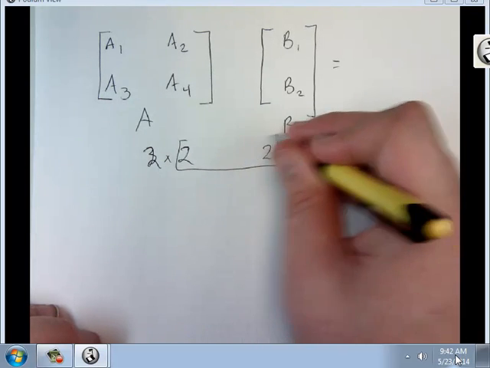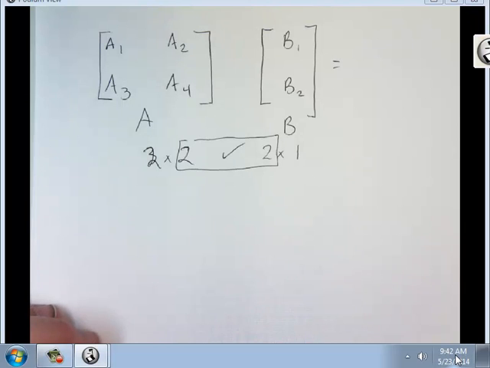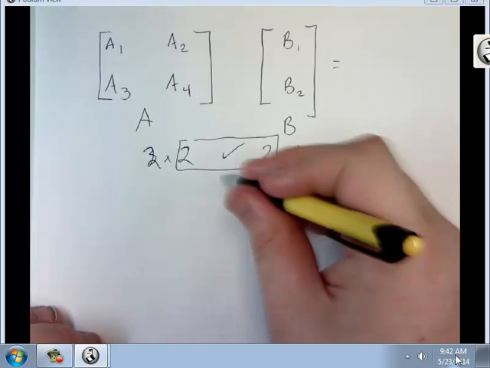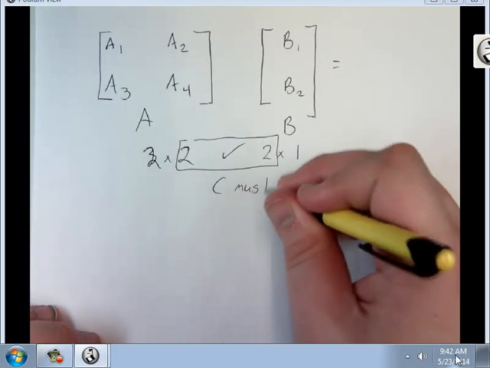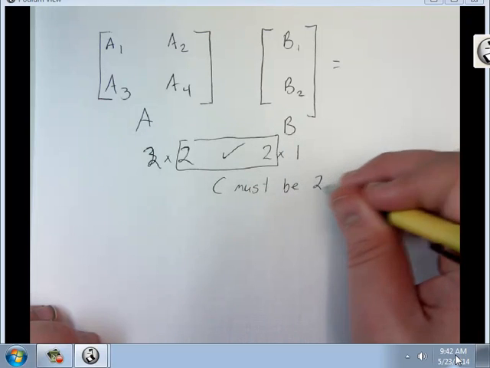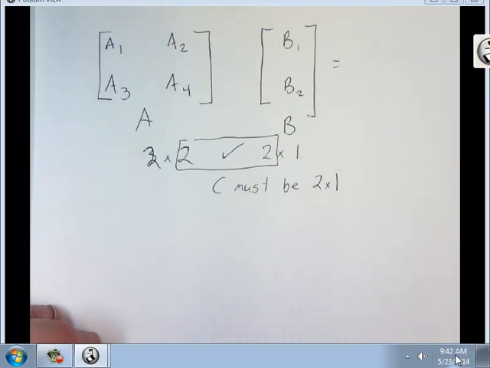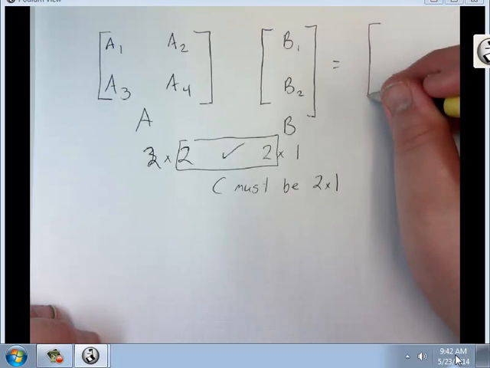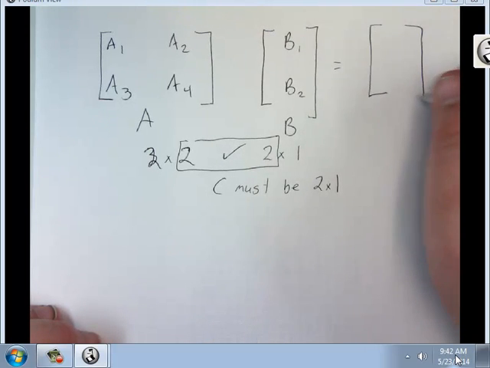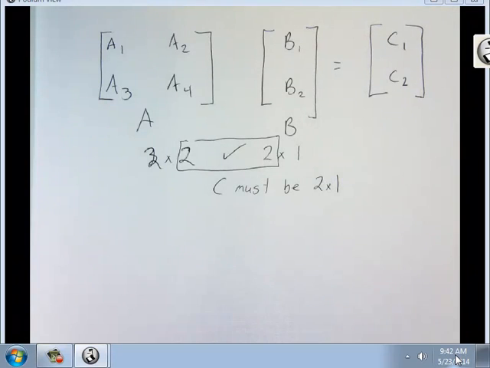Those equal. So C must be 2 by 1, and we're going to call it C1, C2. How would I find those, though?